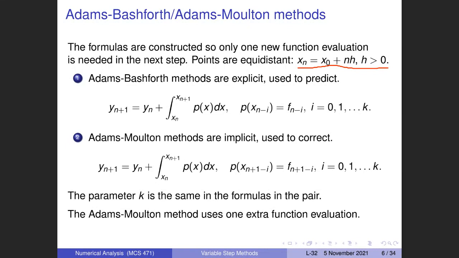And that correction term is the definite integral of an interpolating polynomial. So interpolation comes again. Here you see that both formulas use exactly the same conditions, but Adams-Moulton goes a little bit farther than Adams-Bashforth. They both use the same number of points. The parameter is often also called the order of the method.